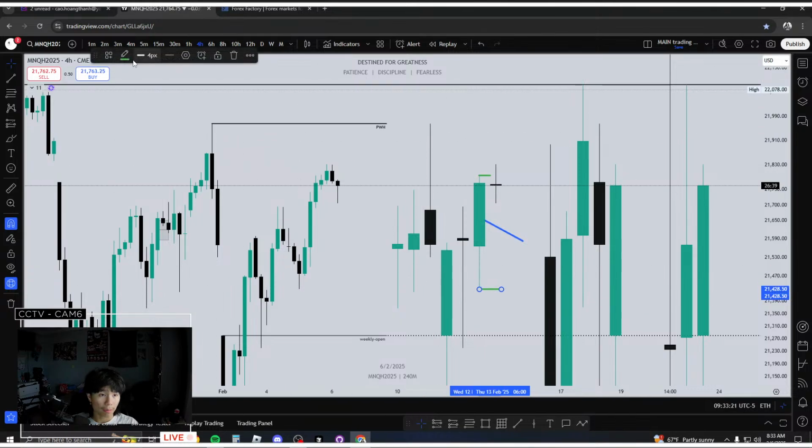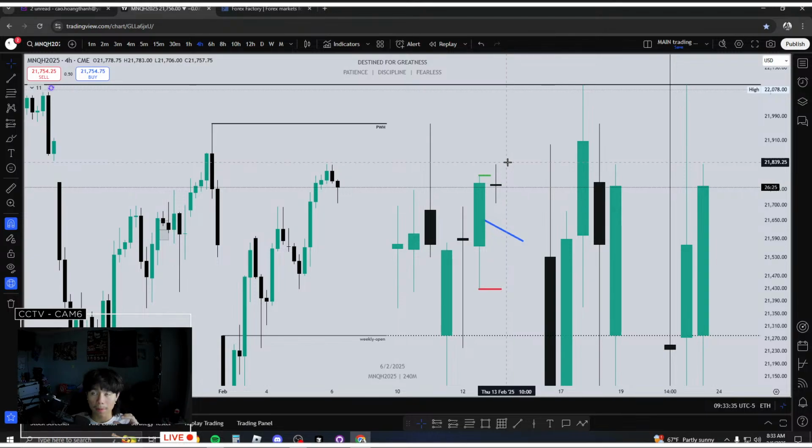Based on how we closed here on this daily candle, there's no other tool that I use. It's just based on how we closed here. What can I anticipate that next daily candle to do? I can anticipate for the next daily candle, which is today, to take out previous day high, right? So this is where we closed, denoted by the blue line.